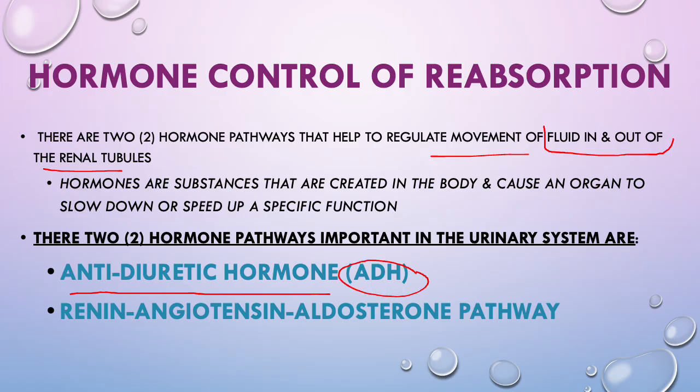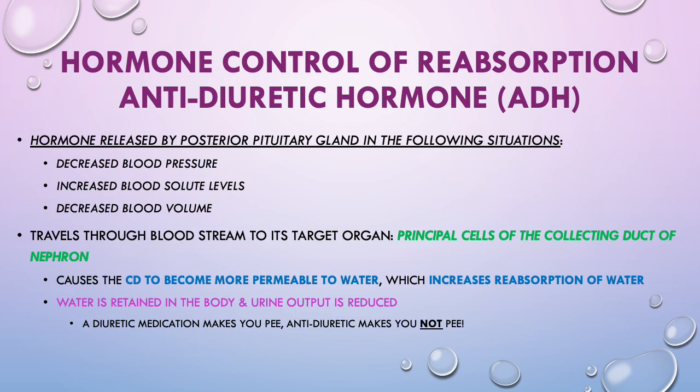This one is released by the posterior part of our pituitary. And then we have talked about the renin, angiotensin, aldosterone pathway, produced in our kidneys, more specifically the JG apparatus. Now let's talk about the hormone control of reabsorption done by the antidiuretic hormone.